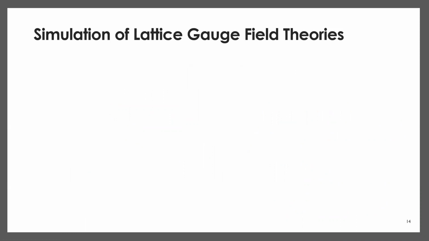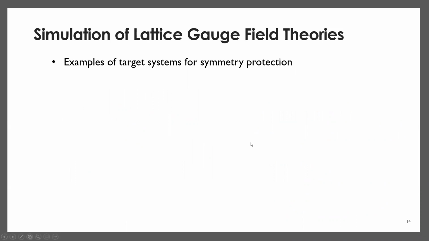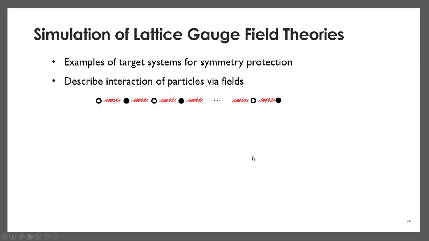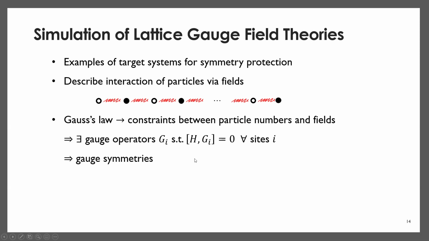There's also the simulation of lattice gauge field theories, which is a main target of our symmetry protected simulation scheme. These models describe the interaction of particles and fields in physics. And in these models, there is the Gauss law that constrains the relation between the particle number and the field. More mathematically, this Gauss law can be represented by this gauge operator that commutes with the Hamiltonian.